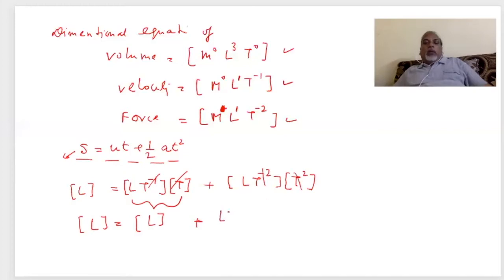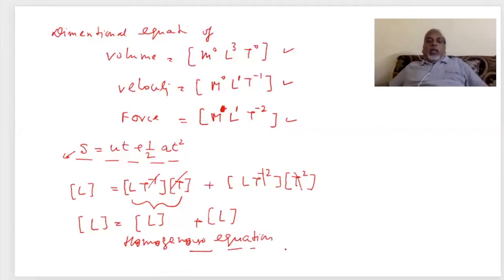So this is a dimensionally homogeneous equation. So all the equations should be dimensionally homogeneous. If they are not dimensionally homogeneous, then the equation is not correct.